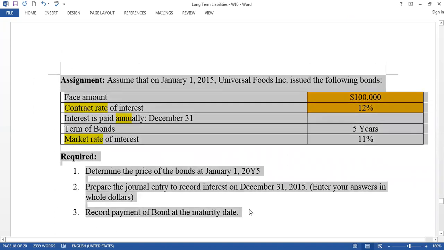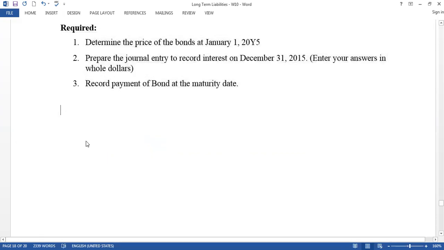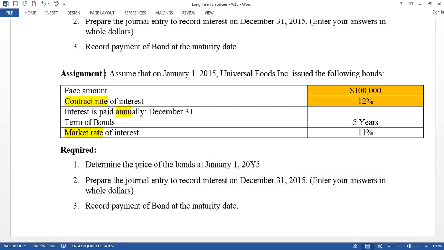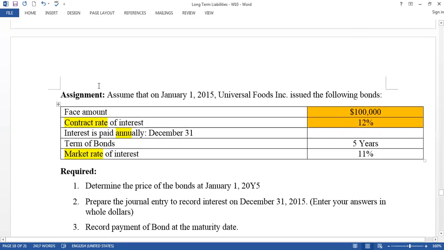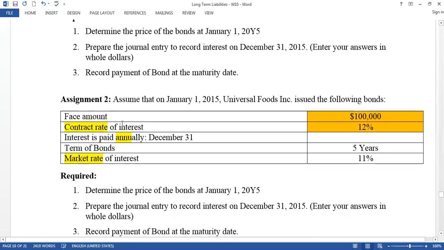Okay, I can change another question here. The same question I can change. Look, how can I change it? This is assignment 2, for example. This is assignment 1. Face amount $100,000. Contractual interest rate 12%.